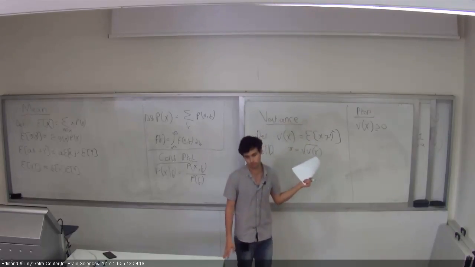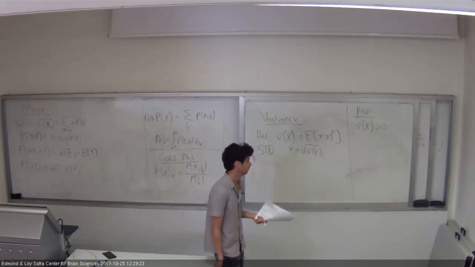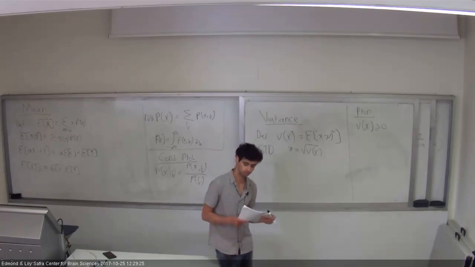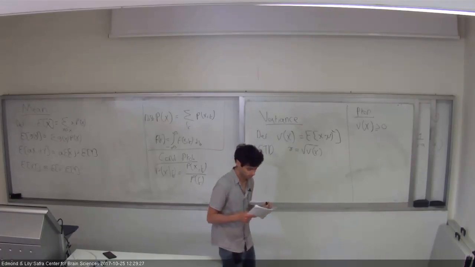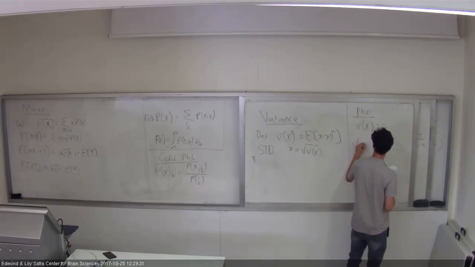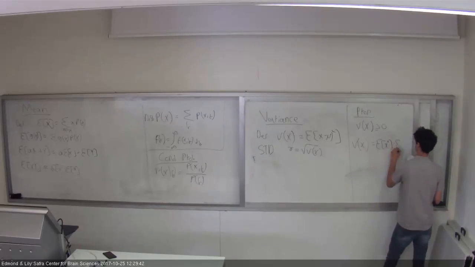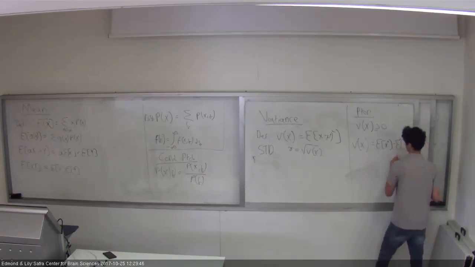And when is it equal to 0? Right, when x is a constant, this is equal to 0. We can also decompose the variance, and it's equal to the expectation of x to the square minus the expectation to the square of x.